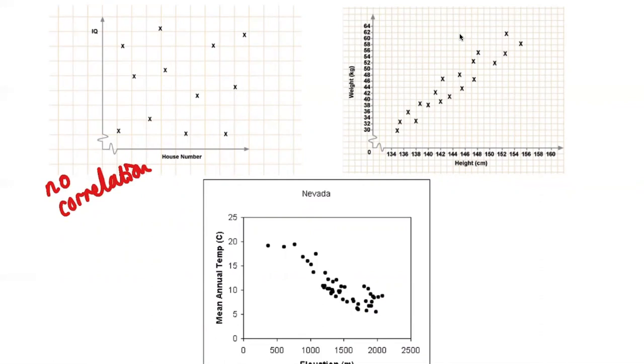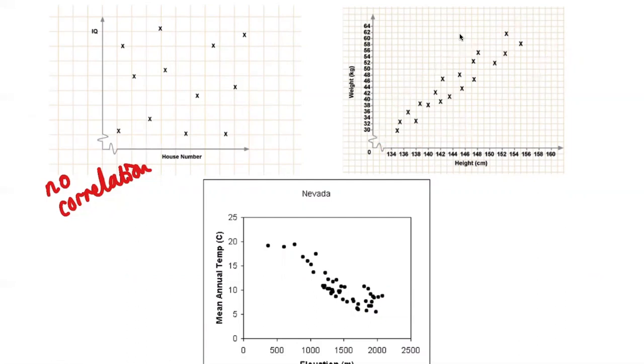The next one over at the top right here, we've got your weight and your height. Well, I suppose that's a pretty easy one to think about. As you are taller, your weight will increase naturally, won't it? If you were tiny, tiny, tiny, then you would have a small weight, even if you happen to love a good pie. So we can say here that this correlation is a positive correlation.